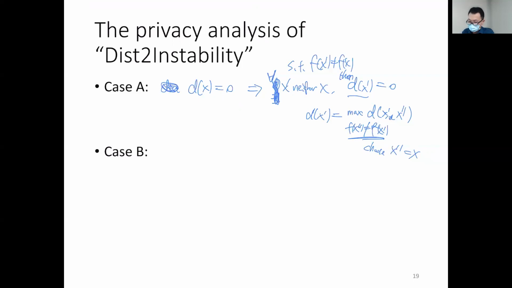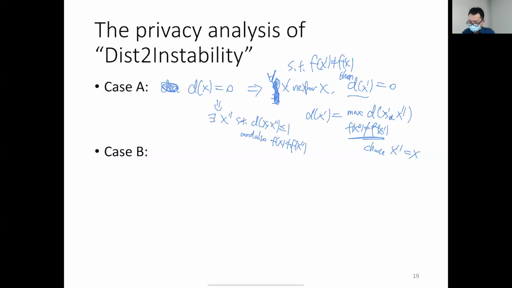Because this implies that there exists an x'' such that d of x'' is smaller than 1, and also f(x) is different from f(x'').